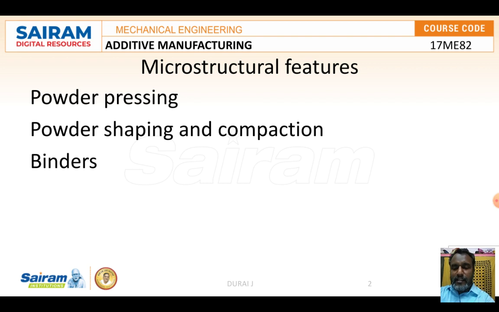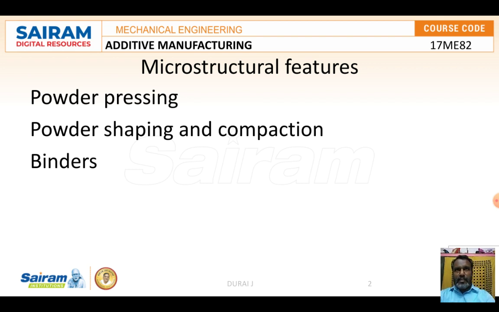Here the term compaction is used to describe the consolidation of the powder particles without the application of heat. The main purpose of compaction is to make metal powder compacts of the desired shape with sufficient strength to withstand ejection from the tools and subsequent handling up to the completion of sintering without breakage or damage.